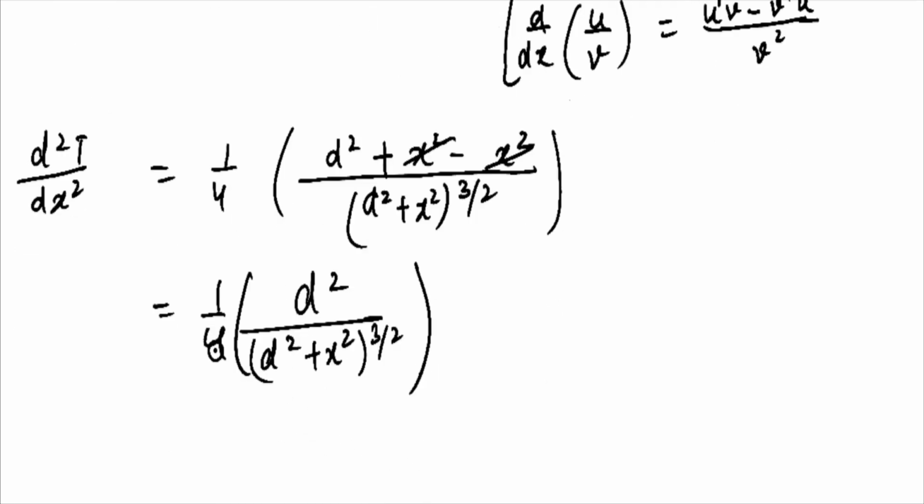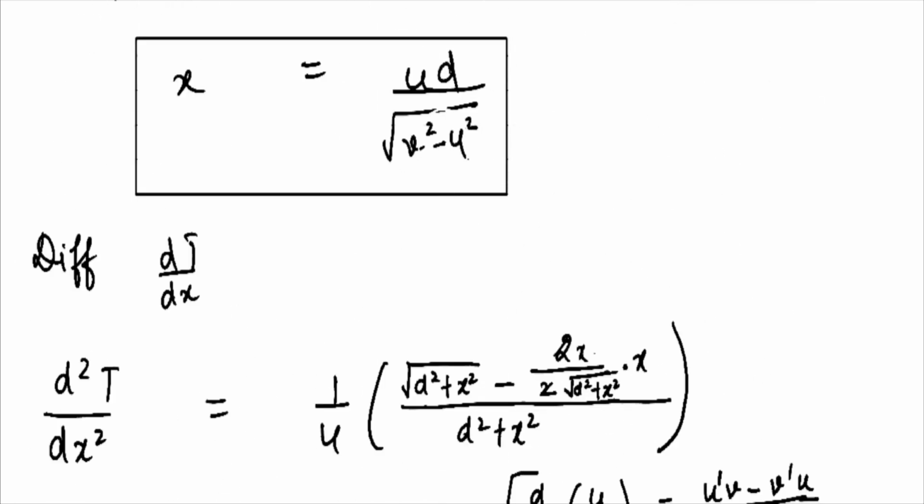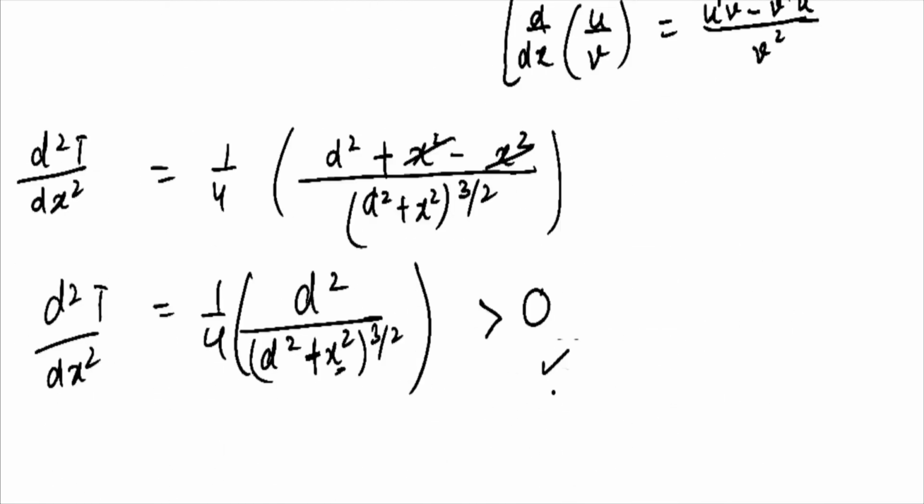Now we can see here that since u is a speed, d is also a distance, and it is also squaring, and we are adding two positive terms. So that means d square t divided by dx square overall is always greater than 0 for any value of x. So for the value of x that we have, ud by under root v square minus u square, this will also be greater than 0.